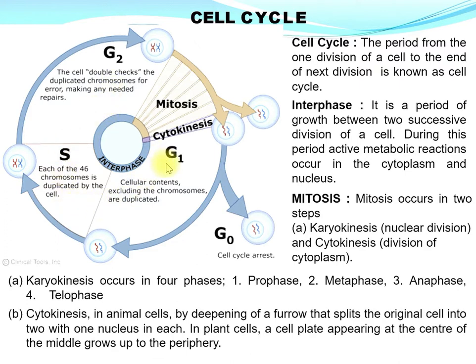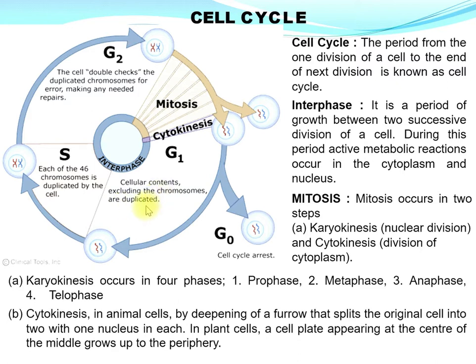What are the changes that occur during G1 phase? In G1 phase, RNA and proteins are synthesized, the cell organelles that contain DNA, like mitochondria and chloroplasts, replicate or produce more of their own kind, and the cytoplasmic matter doubles in size so that the cell can divide into two equal-sized cells.